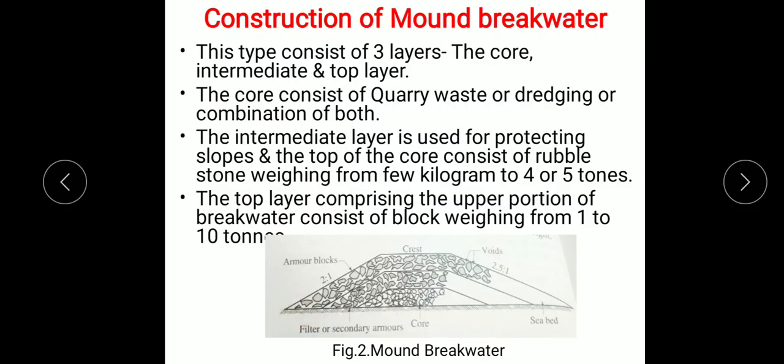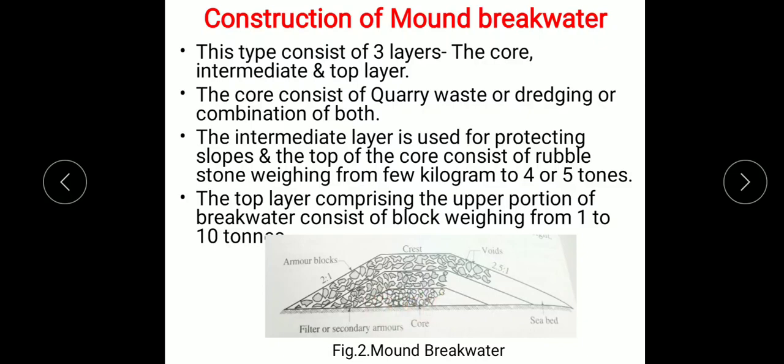Here we can see the core consists of quarry waste, the material that is obtained from a quarry, or the material which is obtained by dredging, or a combination of both. Under unit number 3 we had gone through the various dredging techniques. So whatever material is dredged by the dredgers is used for the construction of this mound breakwater in the core.